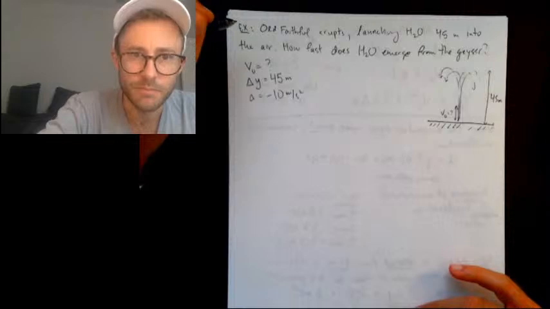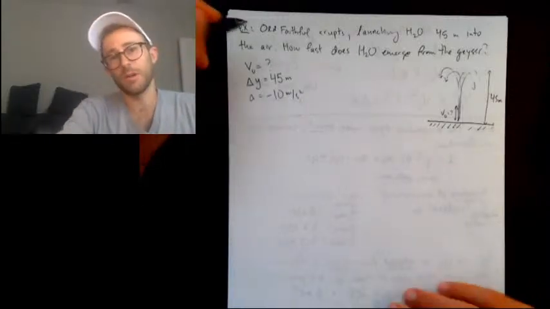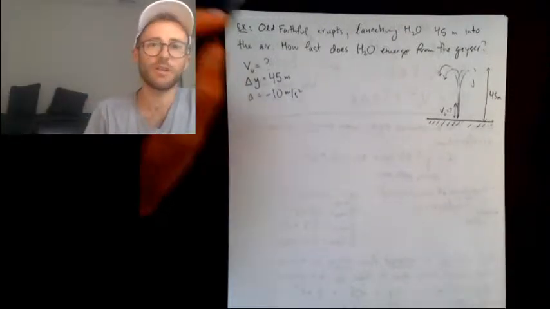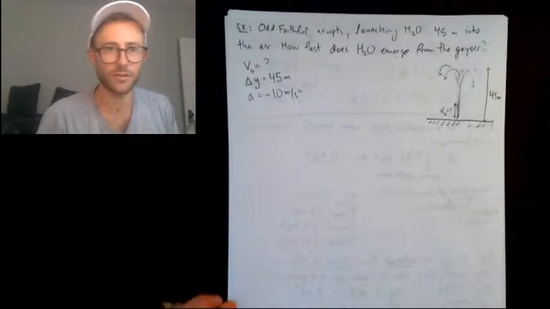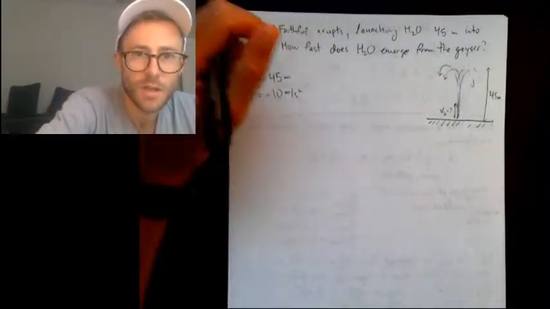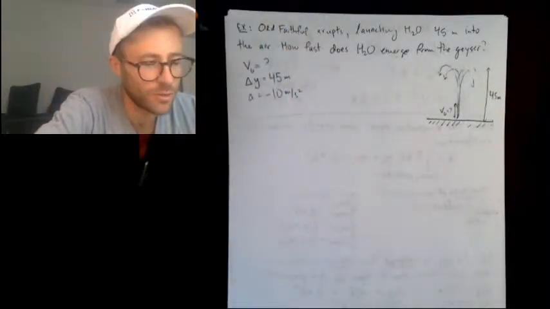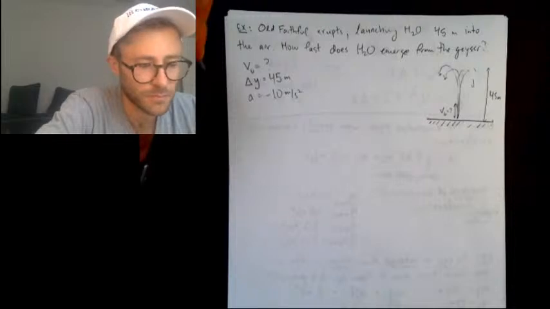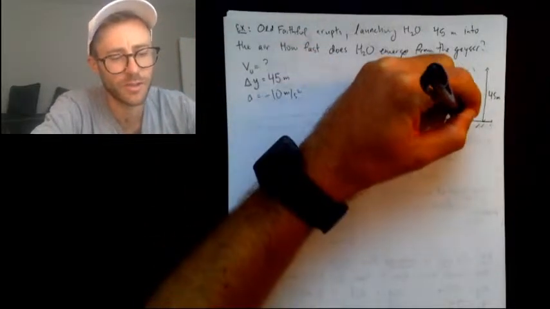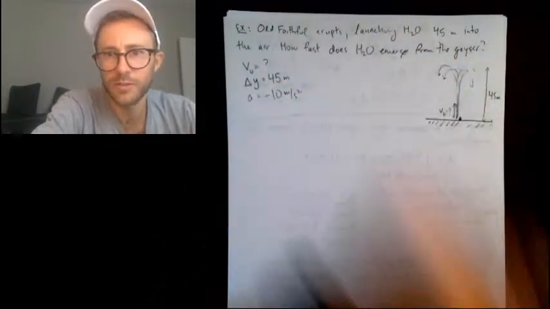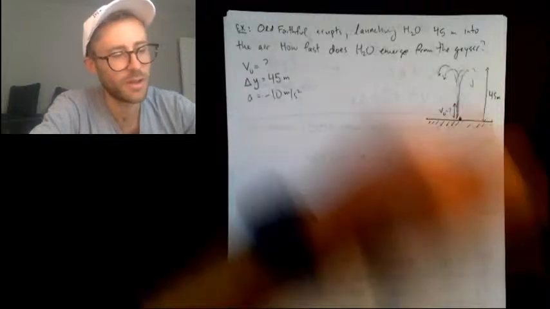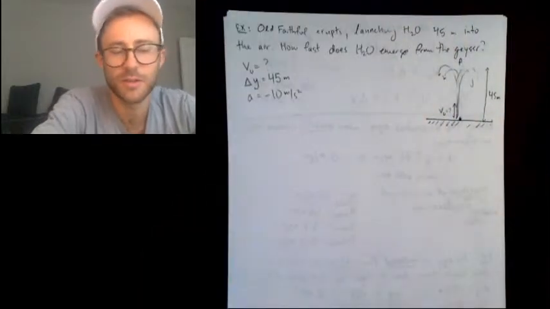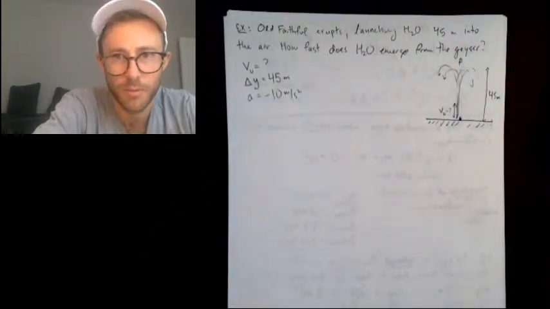And then lastly, we need one more piece of information because we always need 4 pieces of information for a kinematics problem. And it has to do with the highest point. We're considering that when the water leaves the geyser, that's the starting point, and the highest point is the end of the problem.